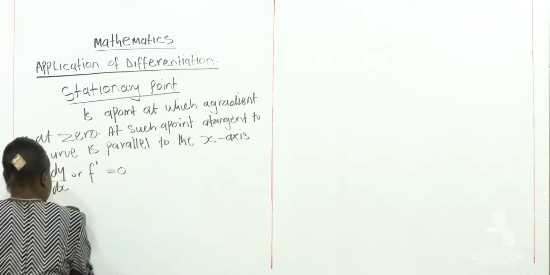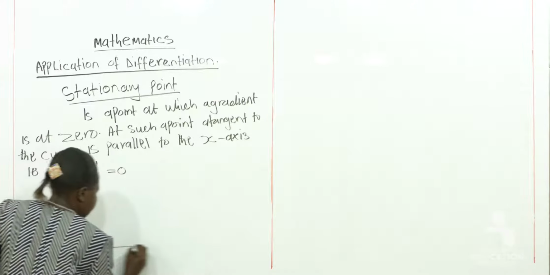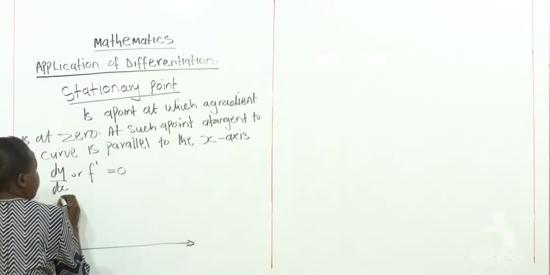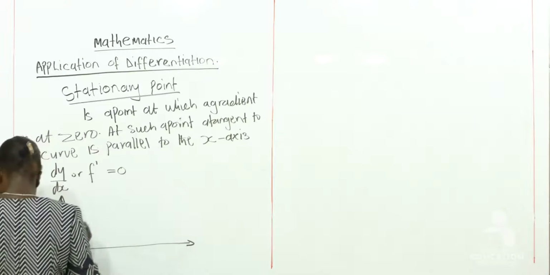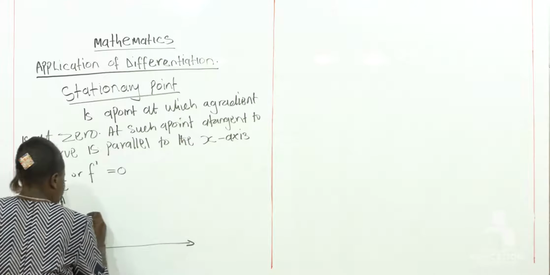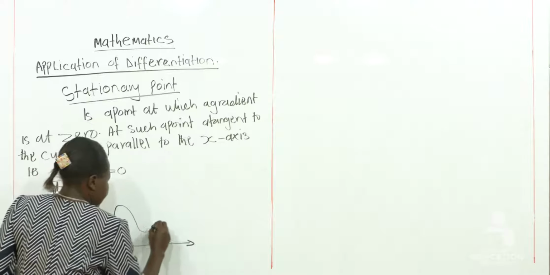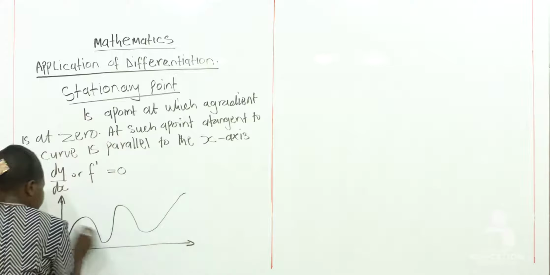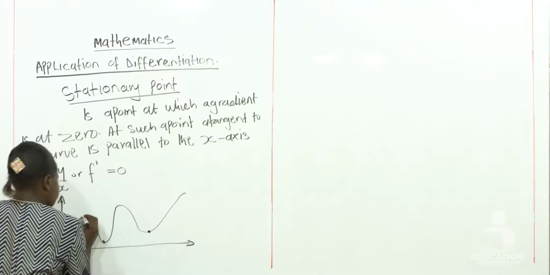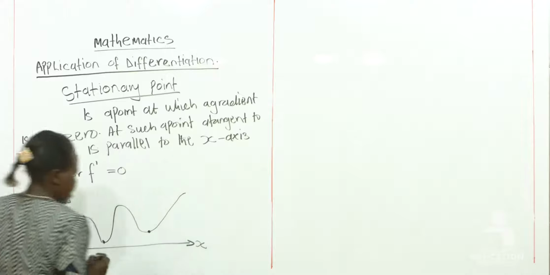So what happens here, you will find that we may look at our curve here, and you see how the gradient is parallel to the x-axis. We have up and down and so on. So you will find that we have these points. This is the y-axis, this is the x-axis.